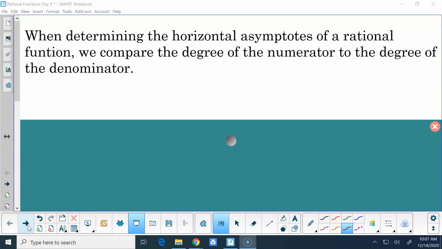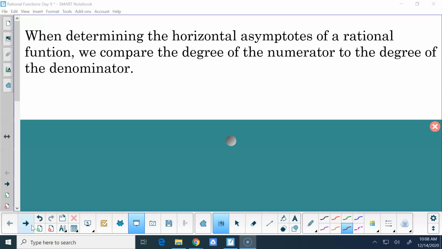So with that being said, let's jump into talking a little bit about horizontal asymptotes. So that's step 2 on our extra sheet. When we're determining the horizontal asymptotes of a rational function, we will compare the degrees of the numerator to the denominator.